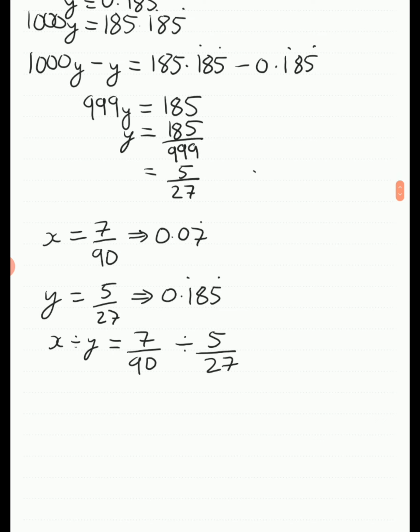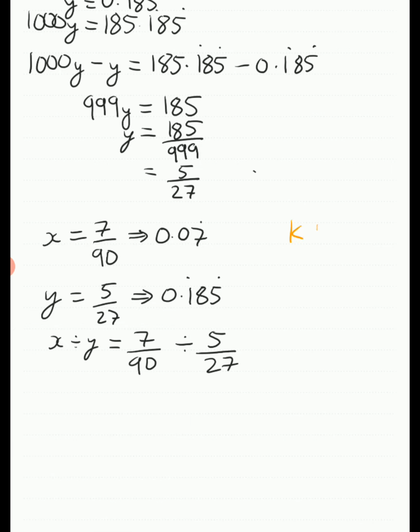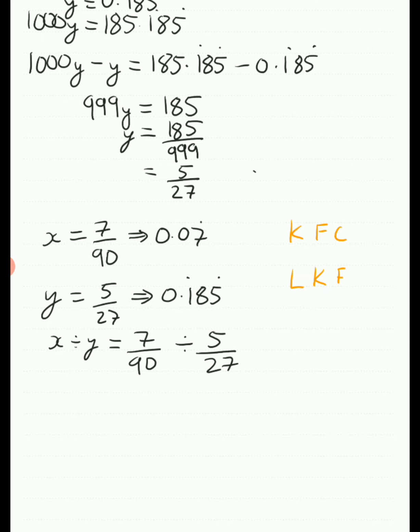Now, there are different thoughts on how to divide fractions. Some people like their KFC, so some people might like to do something like keep, flip, change. I've seen other students who like to do leave, kiss, flip. I'm guessing the kiss comes from because it turns into an x or a multiply sign. Whichever way you want to do it, it's perfectly fine.